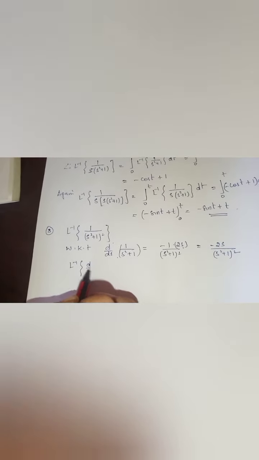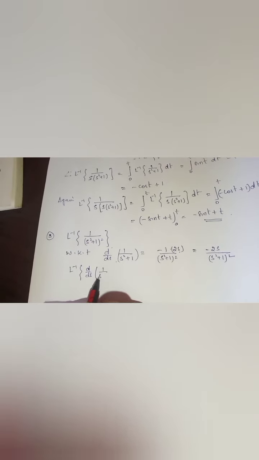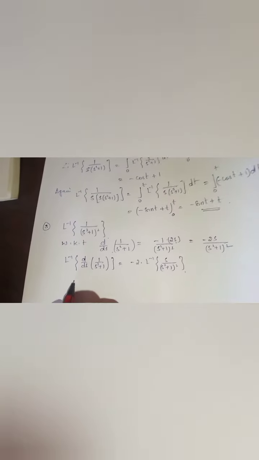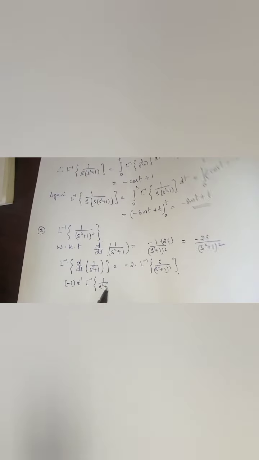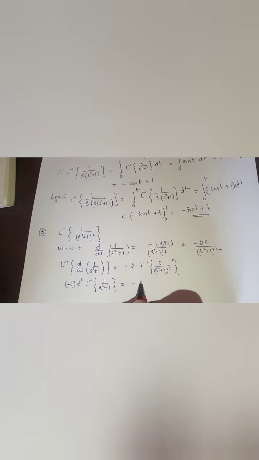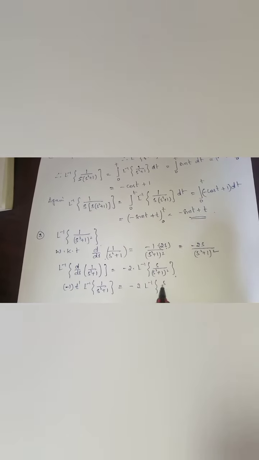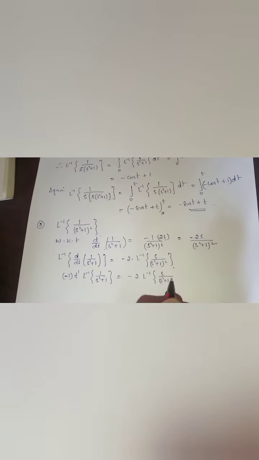So d by ds of 1 by s square plus 1 will be equal to minus 2 Laplace inverse of s by (s square plus 1) whole square. So according to the property this is minus 1 t to the power 1. Laplace inverse of 1 by s square plus 1 is equal to minus 2 Laplace inverse of s by (s square plus 1) whole square.